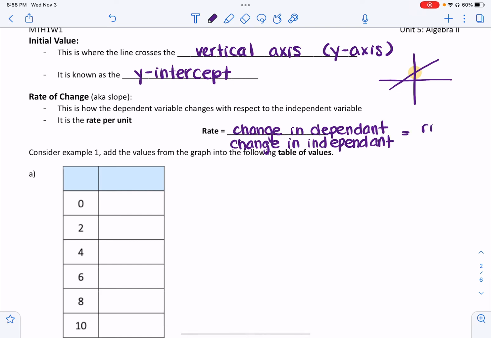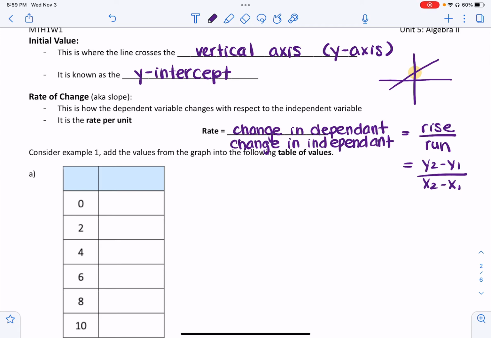Now again, this is the same as rise over run from lesson 1 and y2 minus y1 over x2 minus x1. So it's the same formula as slope. We're just writing it in a bit of a different way, and it's important to see all of these different ways and understand that it's truly just the same thing, just written in a slightly different way.